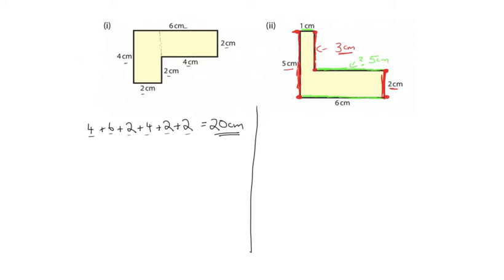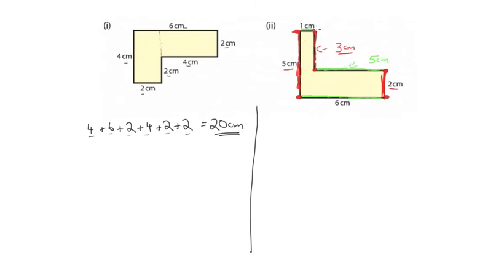Because if I have 1 centimeter and then 5 centimeters, this little bit and this little bit added together would be equal to this, wouldn't it? So now I have managed to figure out what all the sides are in length, okay?